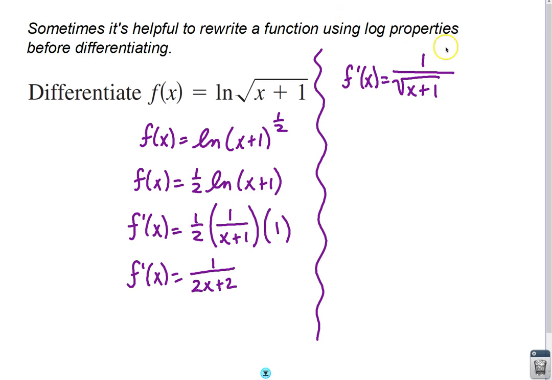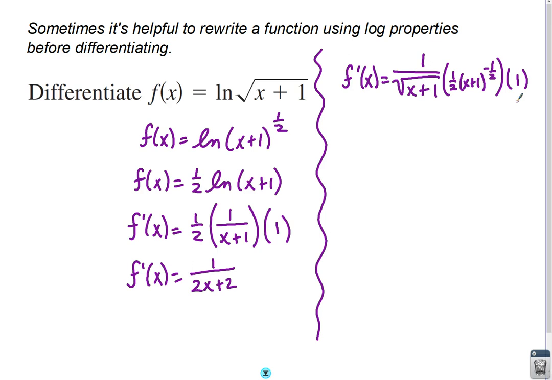The derivative of the square root of x plus 1 using chain rule, okay, that's going to be, let's go times 1/2 x plus 1 to the negative 1/2, okay, and then times the derivative of x plus 1, which would be a 1.